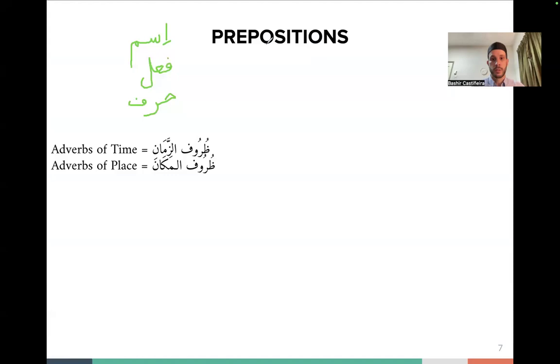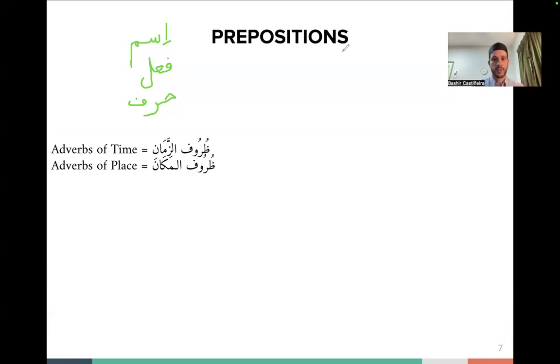So prepositions is an English term. It is a word that we use to generally add meaning to another word. And it usually is used to indicate time or place. All right, so a preposition is generally used to indicate where or when.